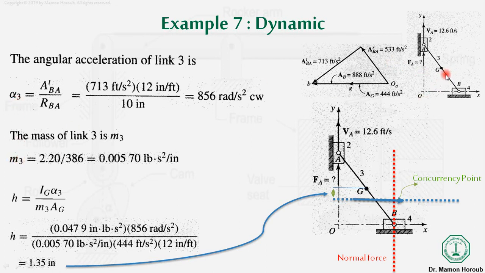So you can have the inertial force completely known, and its location completely known, when you find the value of h. For this you have to equate the inertial moment equal to the inertial force multiplied by h, and h is the distance from the gravitational point.